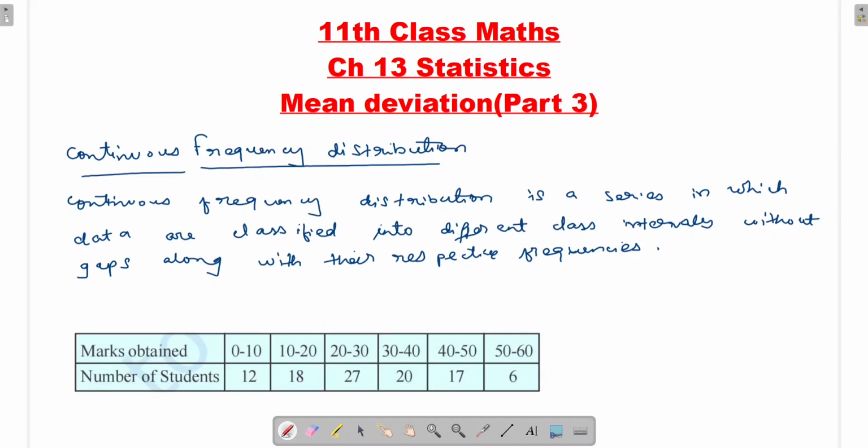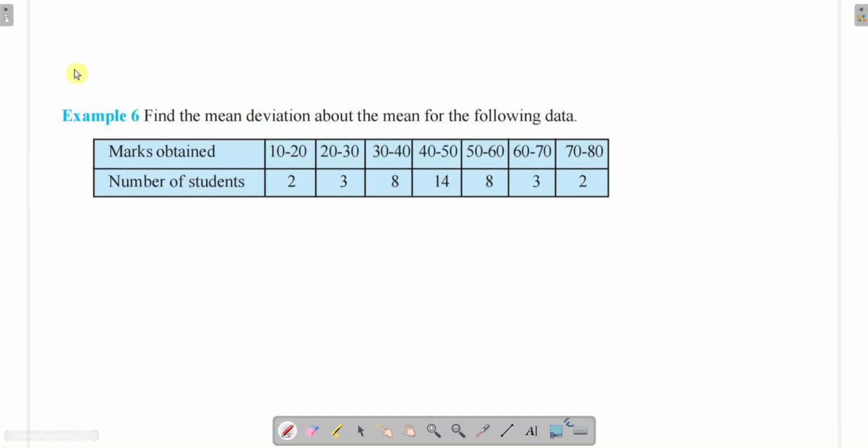Now let us look at how to find the mean deviation for continuous frequency distribution.